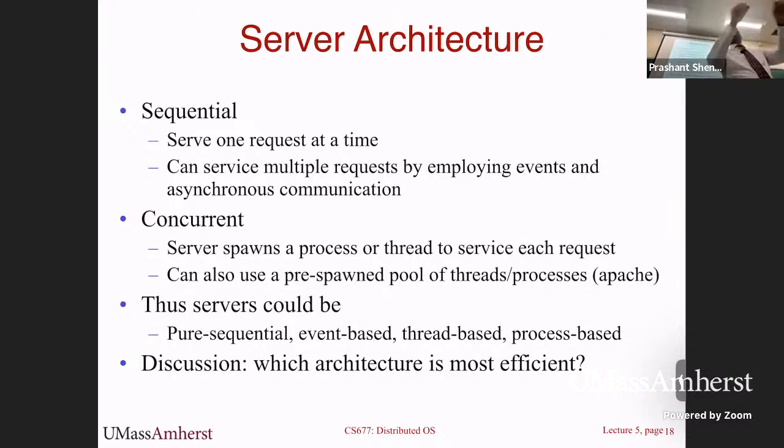Right? A request comes in, you give it to one of the 4 threads, and those threads are essentially doing event processing, so each can serve multiple requests. That is an event-based threaded server, a mix. You can, of course, have a process-based architecture where each process also has multiple threads. So you can do all kinds of mix and match. It gets more complicated, but this is basically the progression of how you would do it.